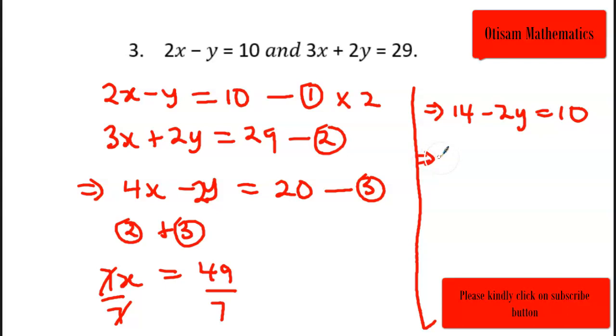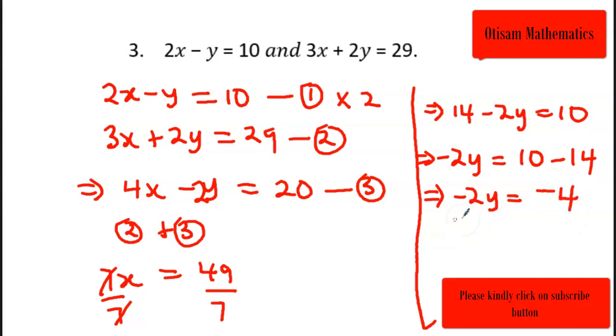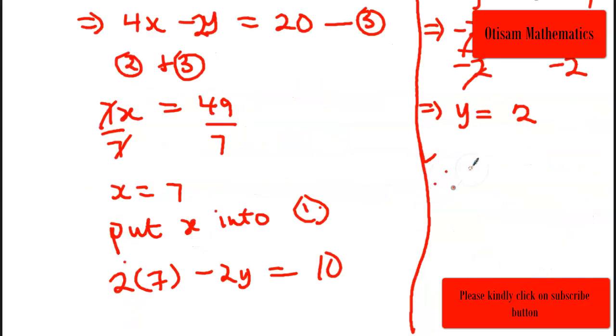So we have minus 2y is equal to 10 minus 14, which is minus 4. So we want y, divide both sides by minus 2. So y will be equal to 2. So therefore, your x is 7 and y is equal to 2.